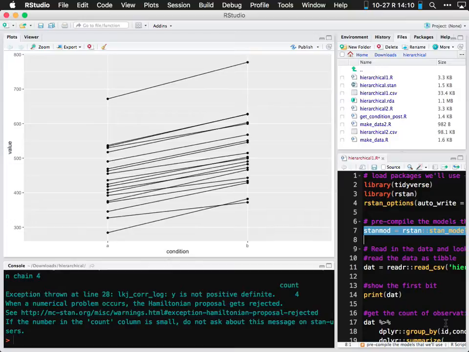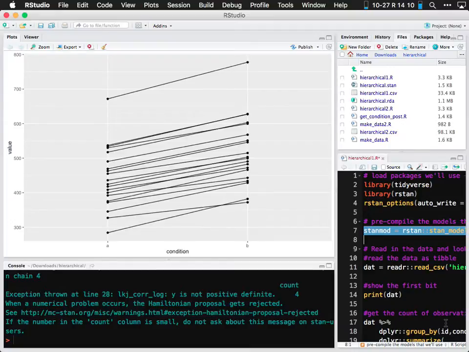Let's just quickly install the packages. Restart this.